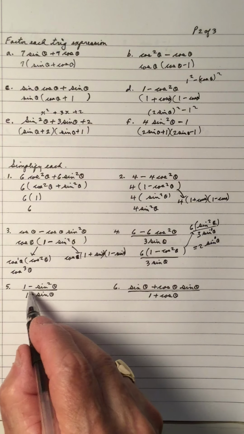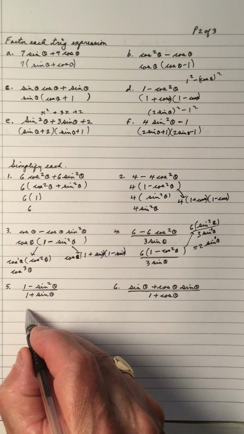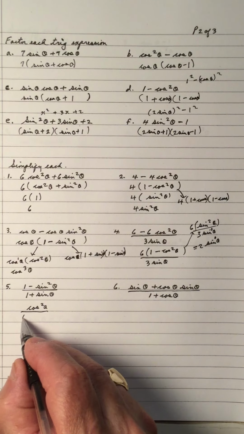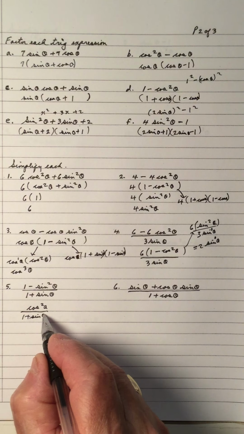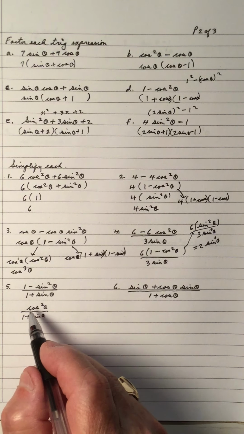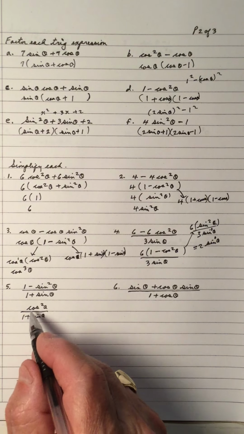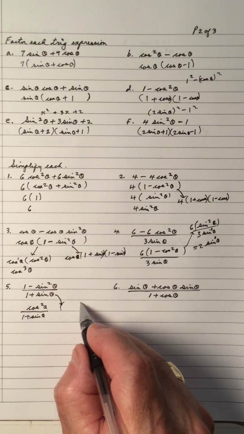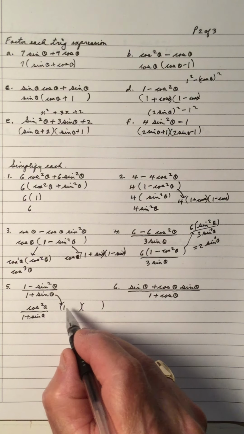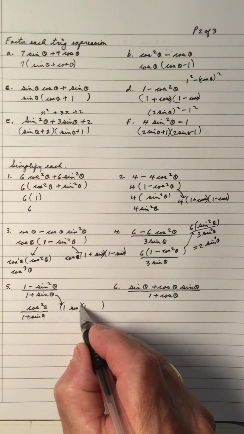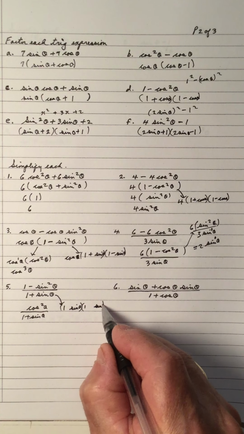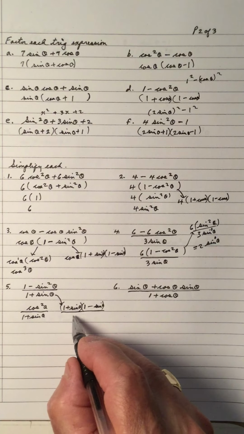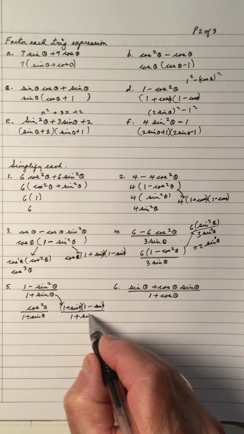Number 5, we have 1 minus sine squared. That's cos squared. Okay, let's try this. Notice now when I change 1 minus sine squared to cos squared, it will not go any further. But if you did the 1 minus sine squared into 1 minus sine theta times 1 plus sine theta, plus and minus, because it's the difference of two squares, all over 1 plus sine theta.